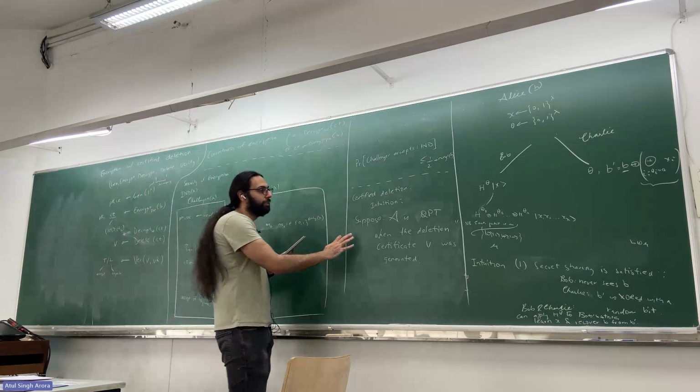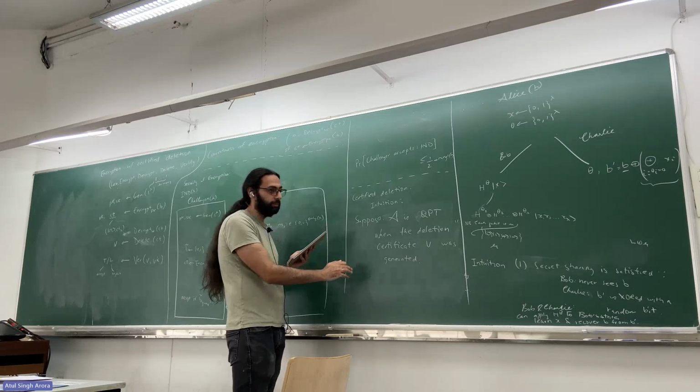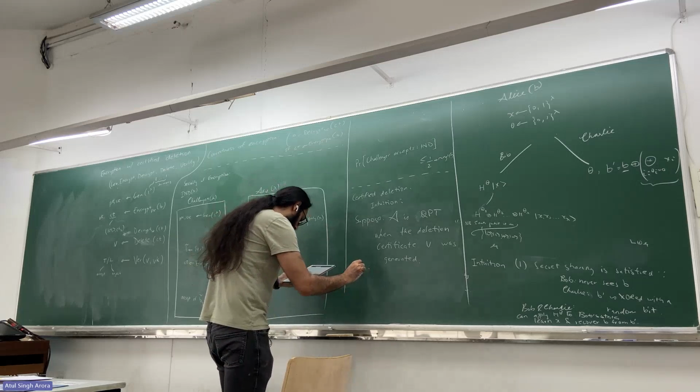Okay, good. So suppose A is QPT when the deletion certificate V was generated. Then what we want is the following.